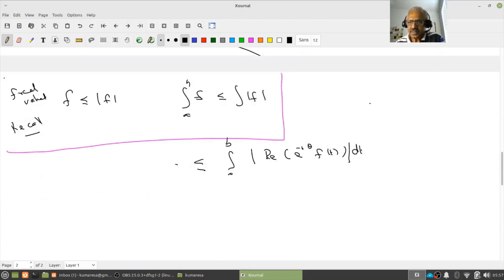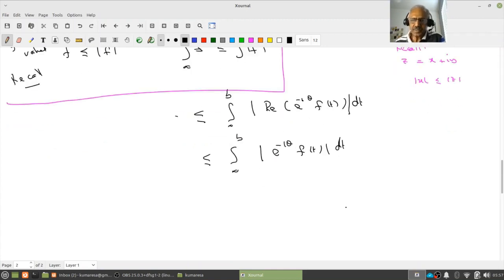Now again, next recall, second recall. If z is a complex number, x plus iy, then mod x is less than or equal to mod z, right? Therefore this fellow is less than or equal to the integral from a to b of the modulus of e power minus i theta f of t dt.